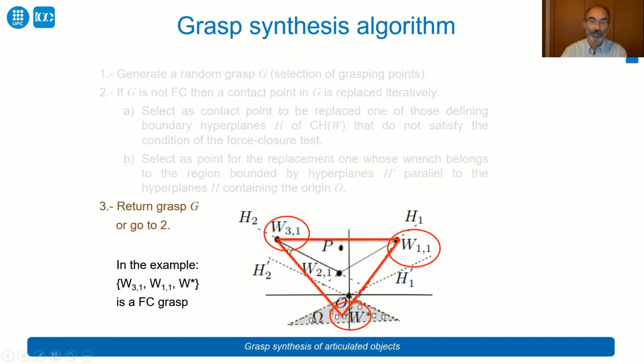So now we have another grasp, in this case composed by range 3, 1, 1, 1, and the range asterisk, like I show here. And the convex hull of these 3 ranges contains the origin of the range space. So this corresponds to a grasp that is actually a force closure grasp. So if we obtain this, we just return the grasp. Otherwise, we go to step 2 and continue the iteration until we arrive at a force closure grasp.